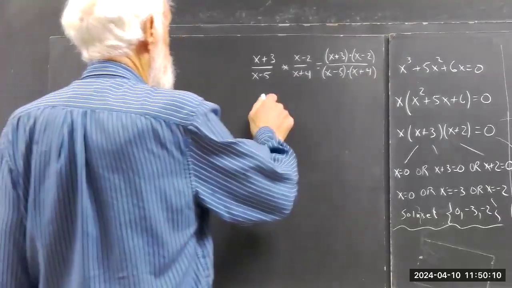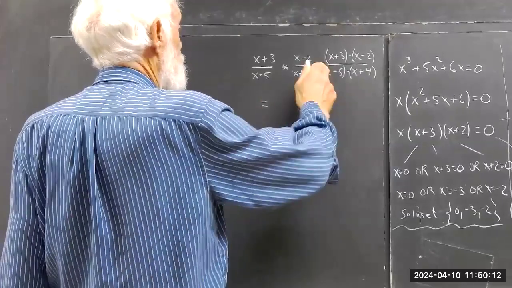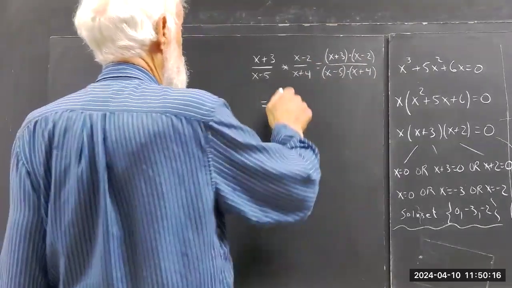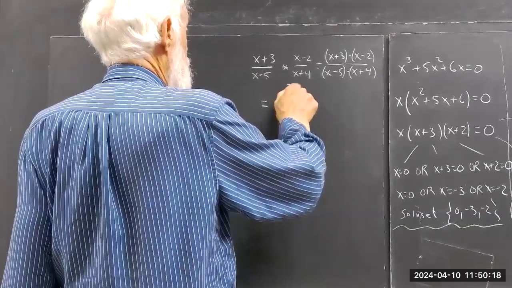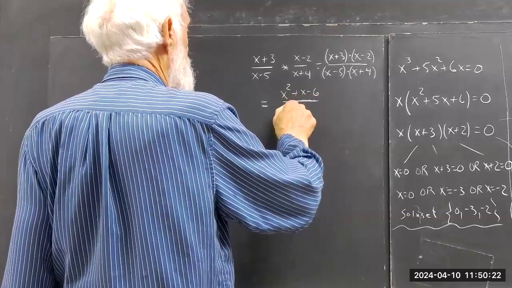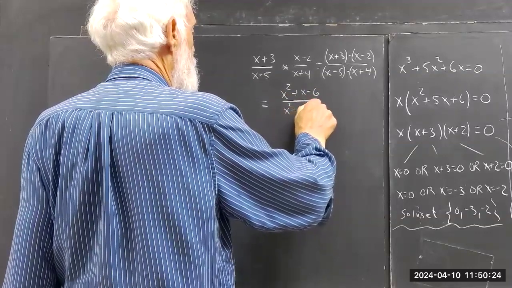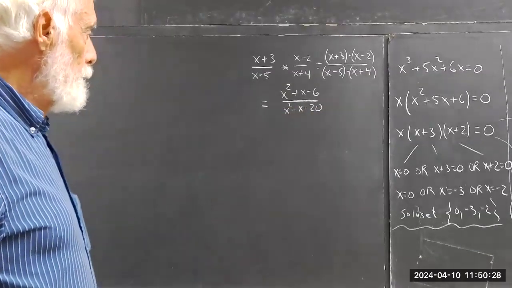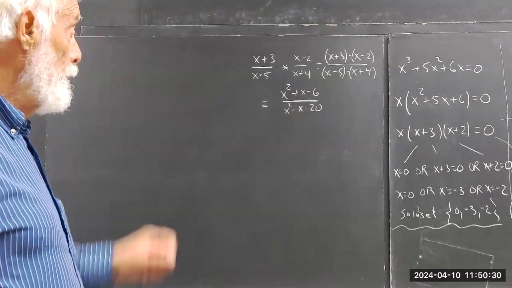But then we just proceed to use the distributive law. And I'm not going to ask everybody to do that. We get x squared plus x minus 6 over x squared minus x minus 20.